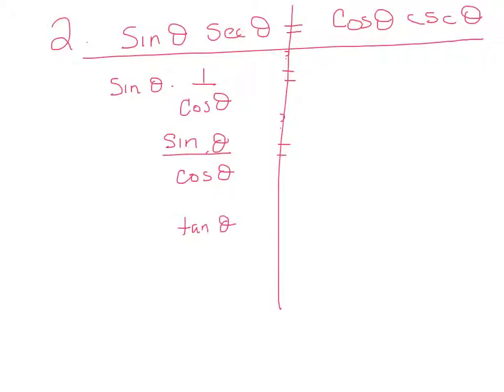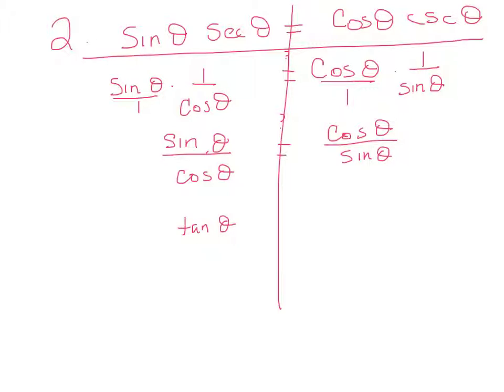Tangent of theta. And on the right side, we have cosine theta times 1 over sine theta. When you multiply that, that gives you cosine theta divided by sine theta, and that is cotangent. And that is not equal to each other. So left side is not equal to the right side.